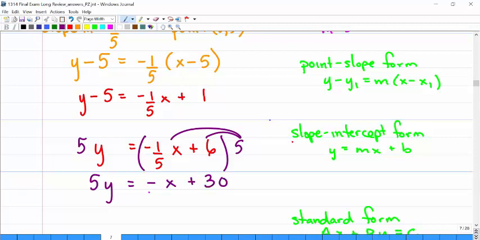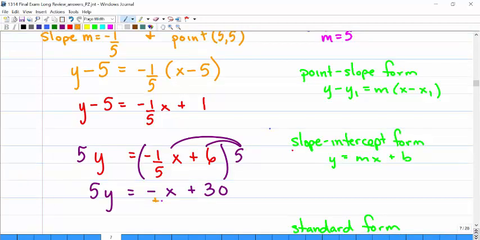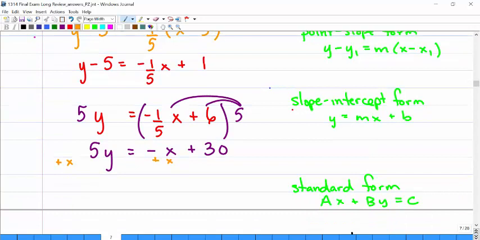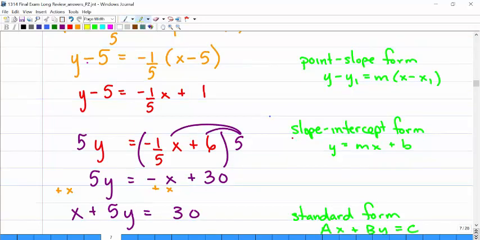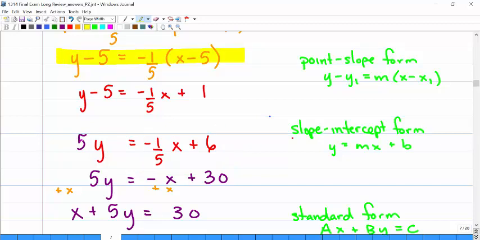And then if I add x to both sides, I get x plus 5y is equal to 30. So I have found the equation of a line in point slope form, in slope-intercept form, and in standard form.